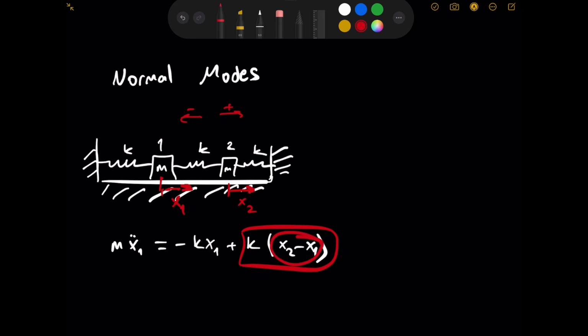So we have a force that is to the left. So no matter your reasoning, you get this expression. And we can write it in a better way if we open up the parentheses. So it's going to be minus 2k x1, I believe, yes, and then plus kx2.